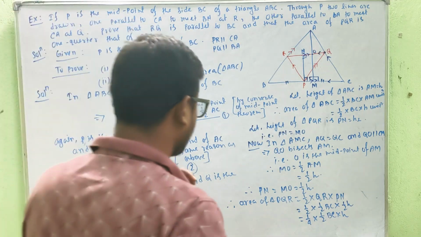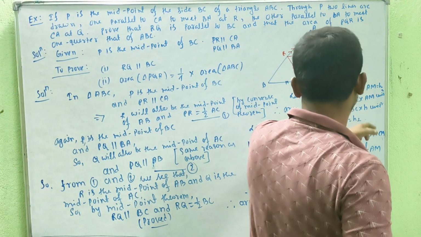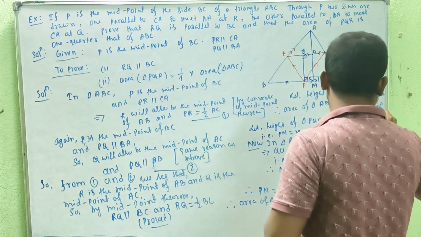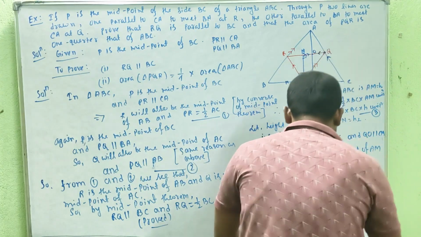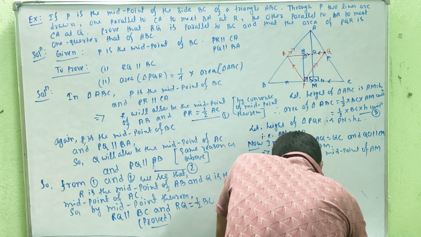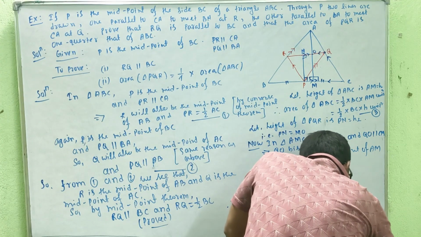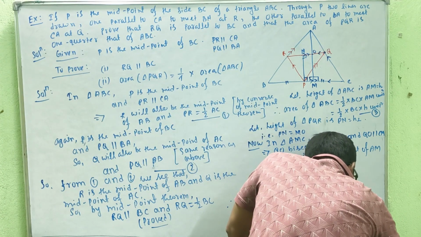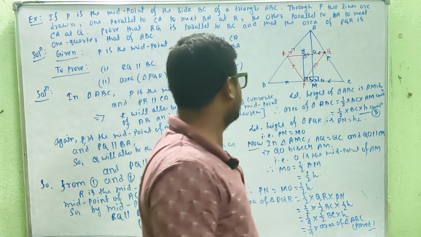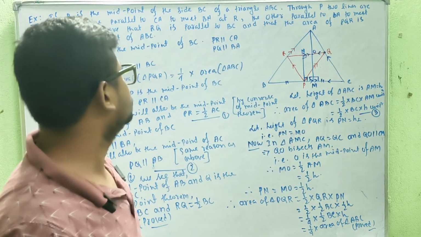Call this equation number 3. Equal to 1 by 4 into area of triangle ABC. Proved. Okay. So the theorem is done.